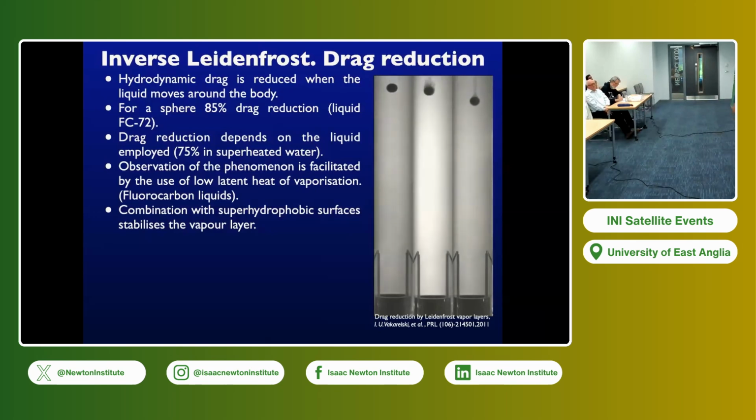For water, when it is superheated, very close to the boiling temperature, the drag reduction observed was about 75%. In experiments with water at ambient temperature, no drag reduction was observed, even when the spheres were at a very high temperature, and that is related to the thickness of the vapor layer that results, which is probably unstable.